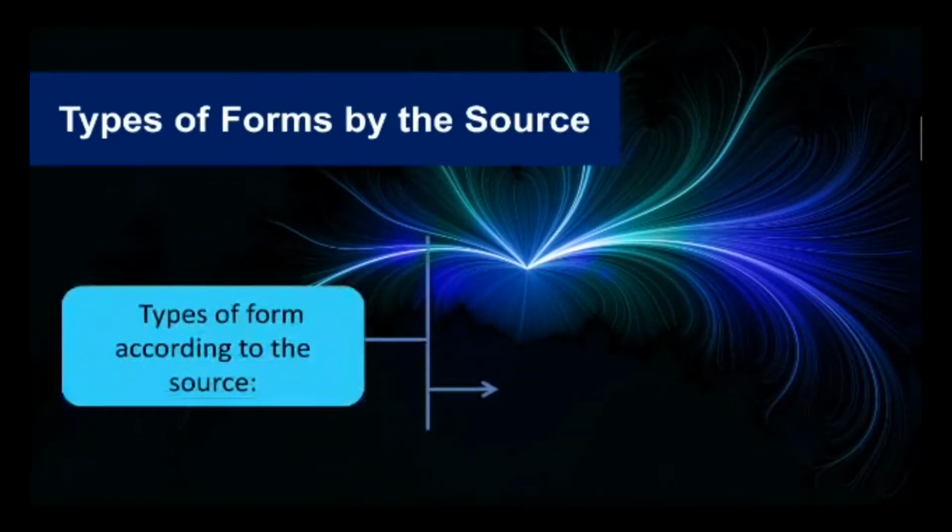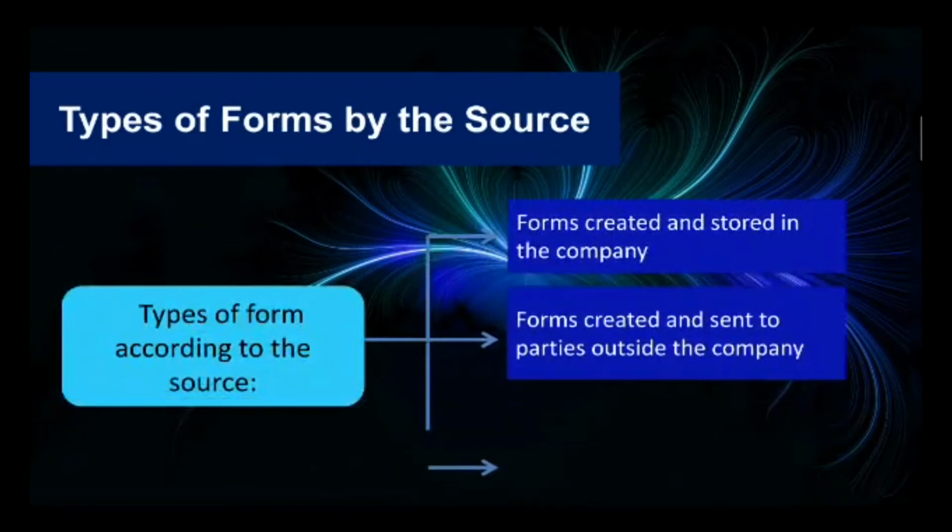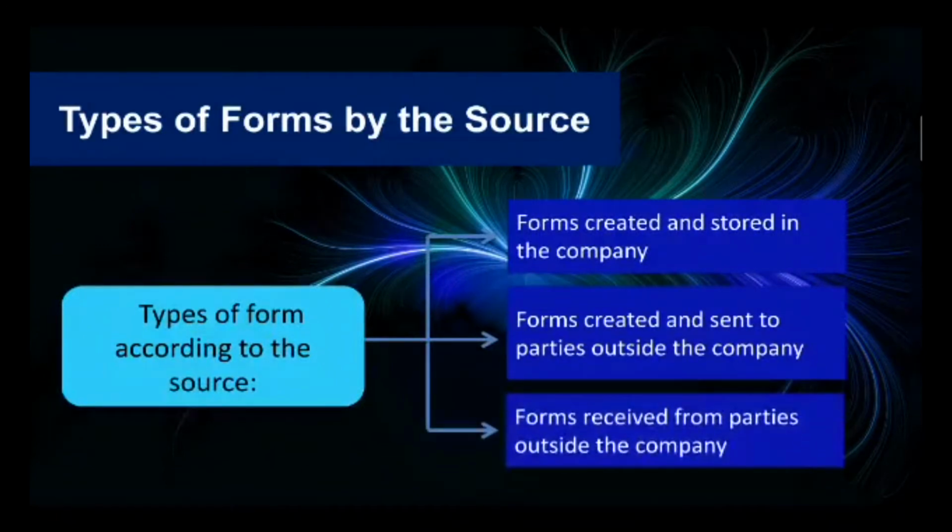Okay, this is the type of form by the source. Source means who makes it. So according to the type of the form, there is a form which is created and stored in the company. So you can have a form like this, which is created in the company and for the company.